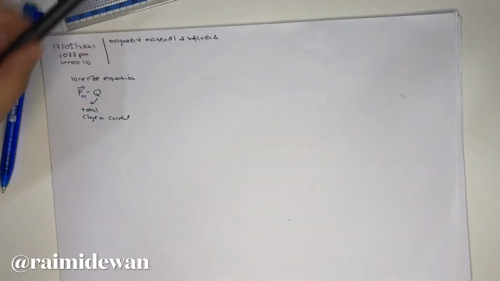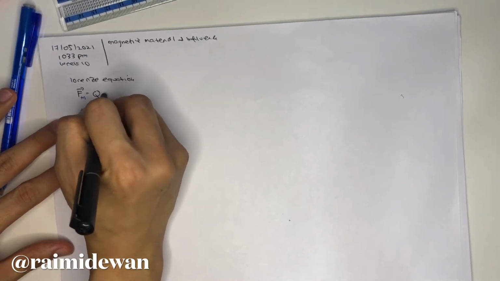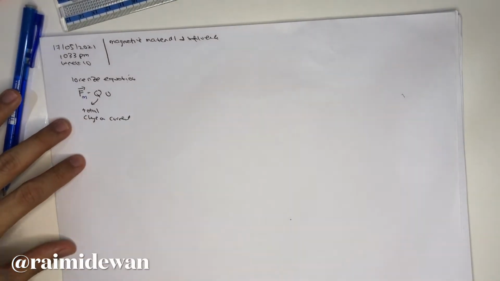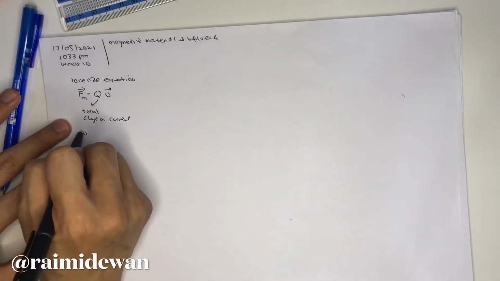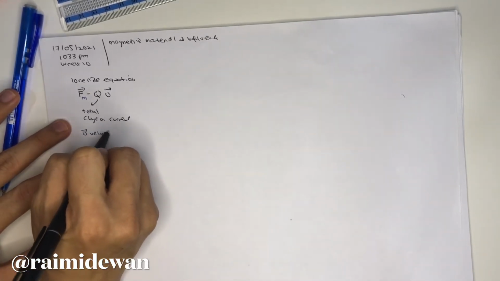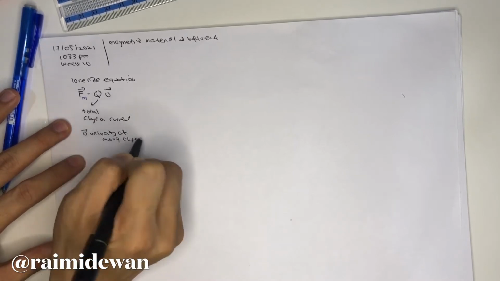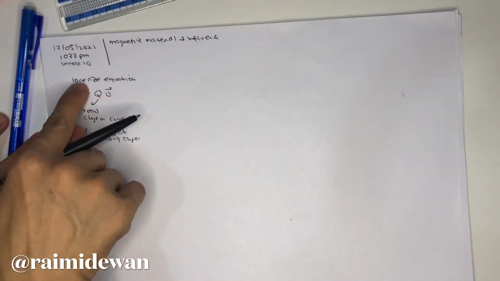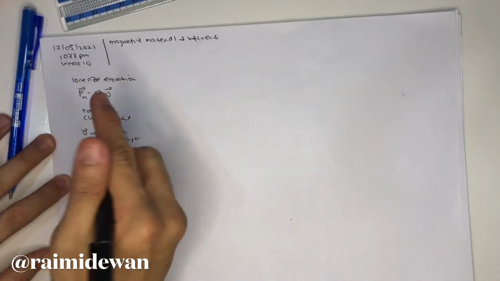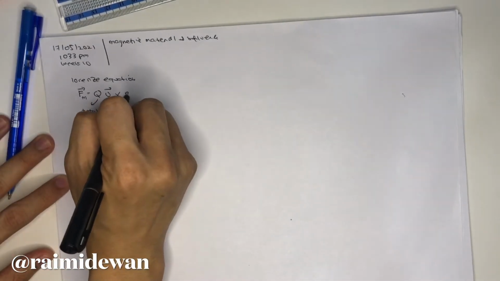So Q is the total charge on the current, and we will have a u. u is the velocity of the moving charge. If you see this u, it means it is a vector, and you see the result here is also a vector. So thus, we need to use cross product, with B.